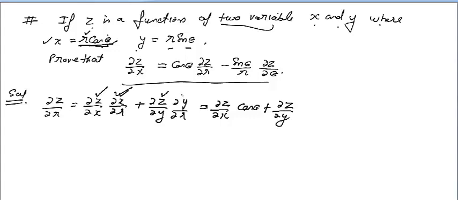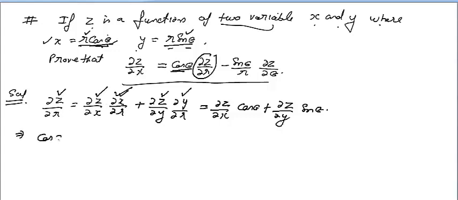Now the derivative of Y with respect to R: when you differentiate Y with respect to R, sin theta will be outside, the derivative of R is 1, so you have sin theta, correct? Now in the proof you have ∂Z/∂R that we are getting, but we need a cos theta with that. So I will multiply cos theta with this.